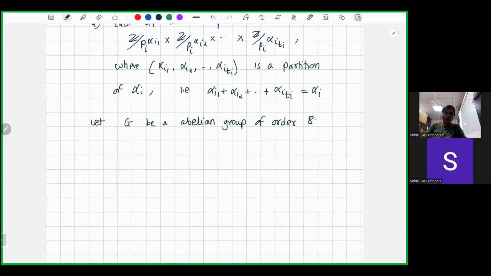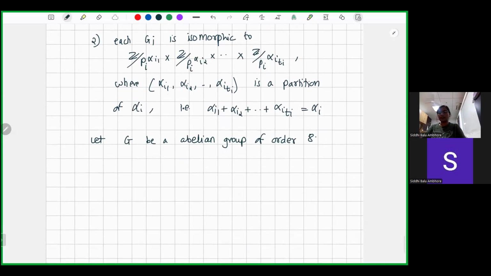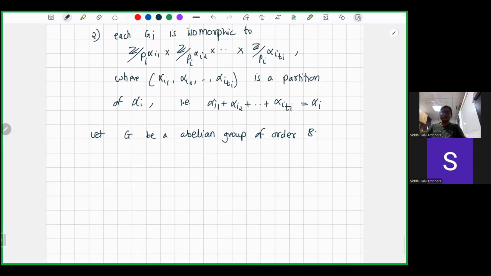So I need to write the prime factorization of this number 8. What is 8? It is 2 cube. The cardinality of G, let us call this n, is 8. It is 2 cube.